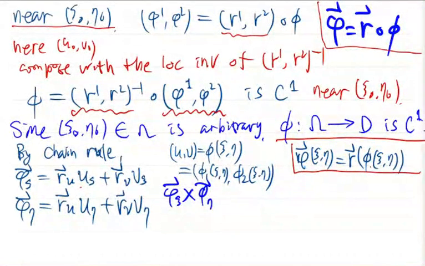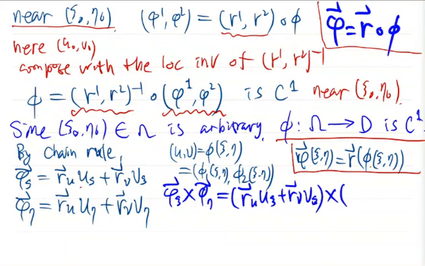So this is Ru u_ξ plus Rv v_ξ cross Ru u_η plus Rv v_η.